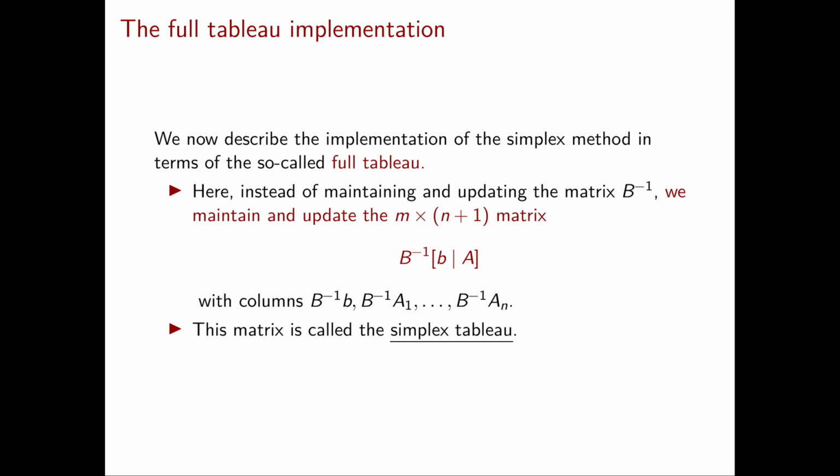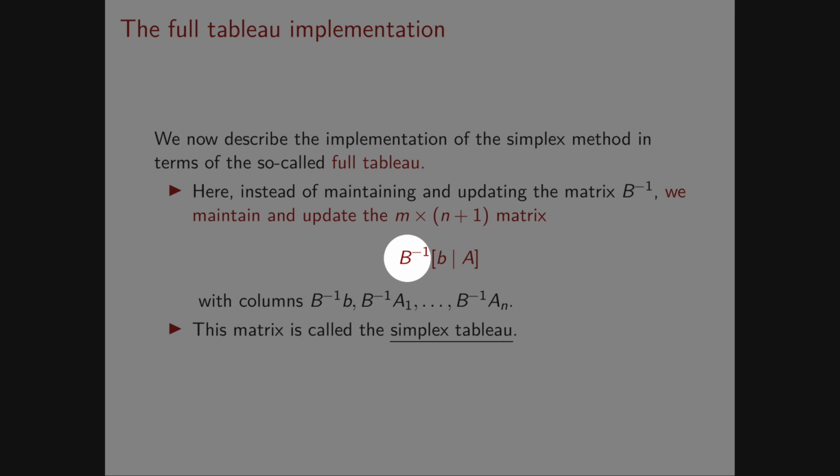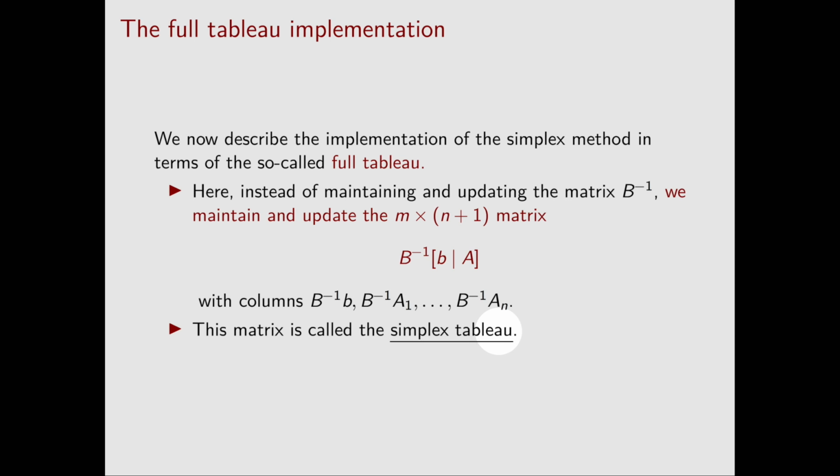Note that, as opposed to the revised simplex, here we don't have B inverse explicit in each iteration, but we instead have the product of B inverse with all the columns of A and with the right-hand side vector b. This big matrix, B inverse times [b A], is called the simplex tableau.